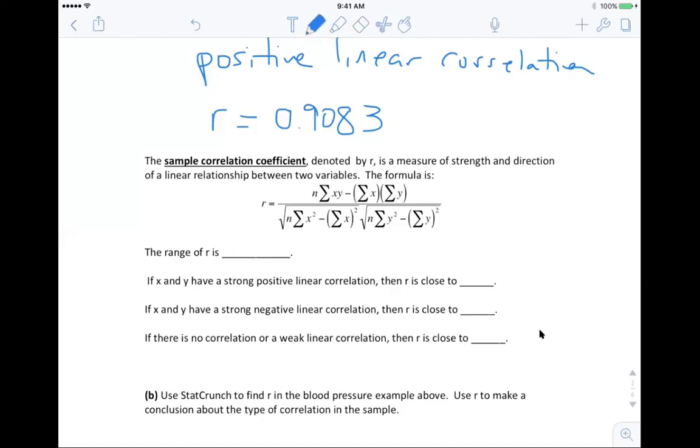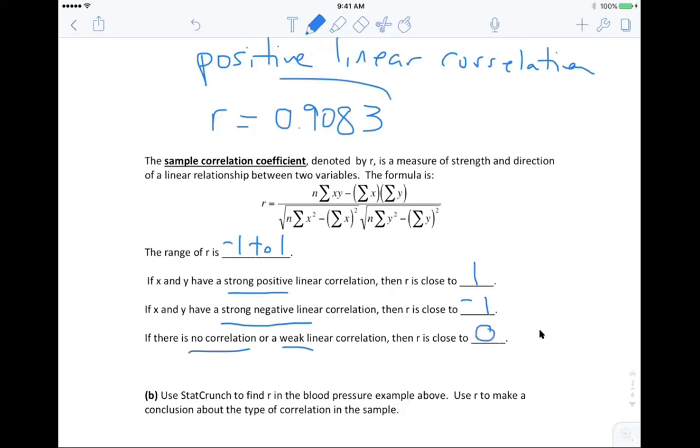The range of R is -1 to +1. If X and Y have a strong positive linear correlation, then R is going to be close to 1. If X and Y have a strong negative linear correlation, then R is going to be close to -1. And if there's really no or a weak correlation, then R is going to be somewhere in that middle range, close to 0.